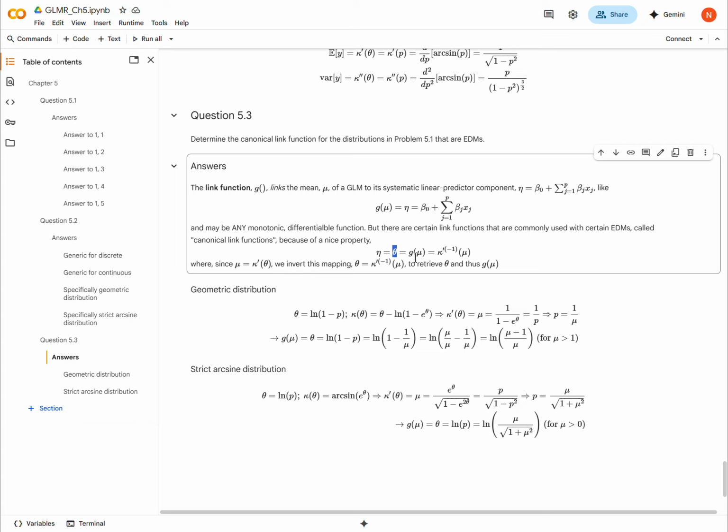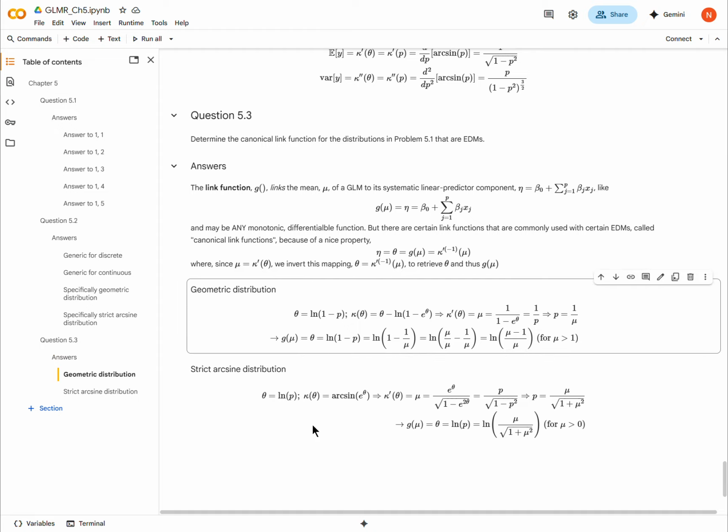I feel like you have to dig in a little to see why that's an important, or rather convenient, thing. Anyway, for the geometric distribution, what we're trying to find is the canonical link function, and one way to do this is to say that g of mu has to equal the canonical parameter theta. And what is theta? We already found it above: it's the natural log of 1 minus p.